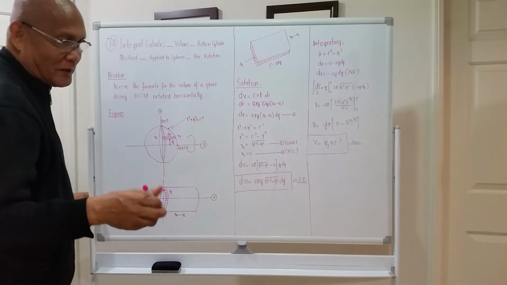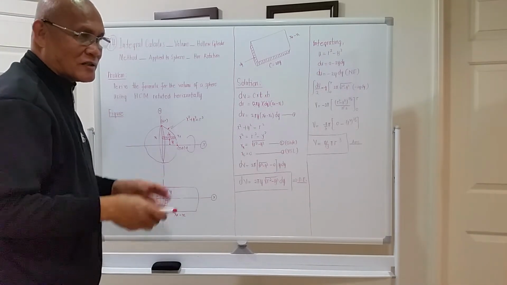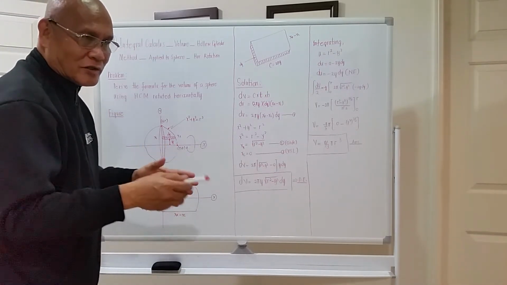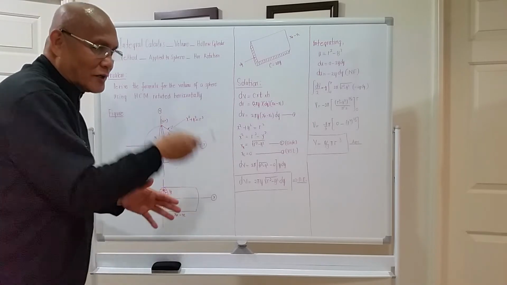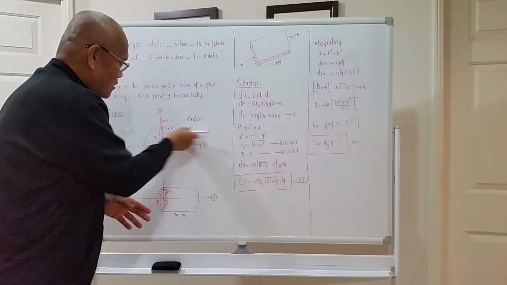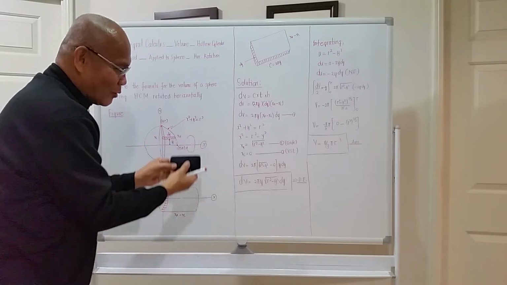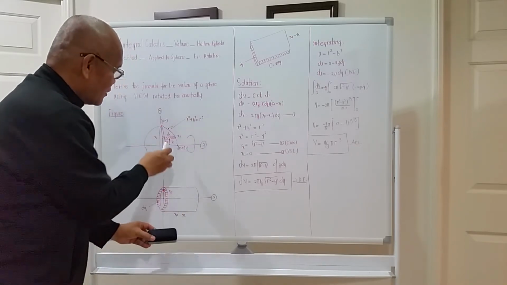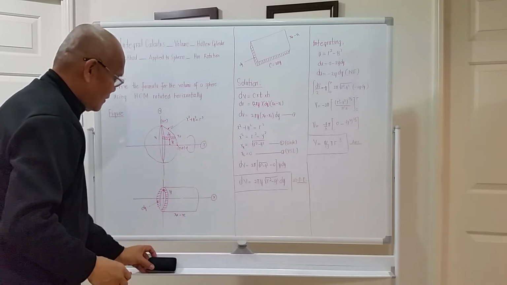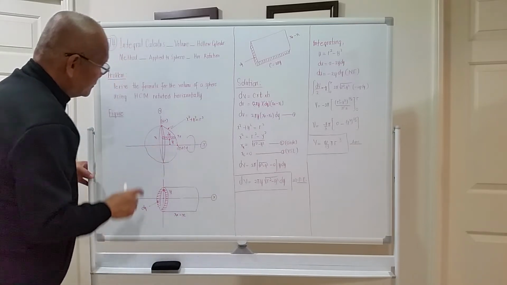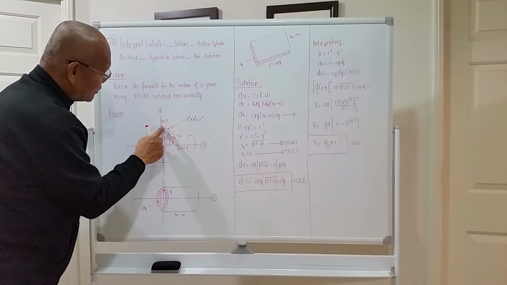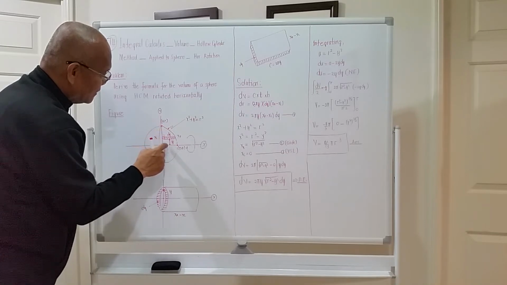Then by using a horizontal slice, since the rotation is to be horizontal, we use a horizontal slice. We rotate it horizontally. I will try to remove this one so you could visualize it.